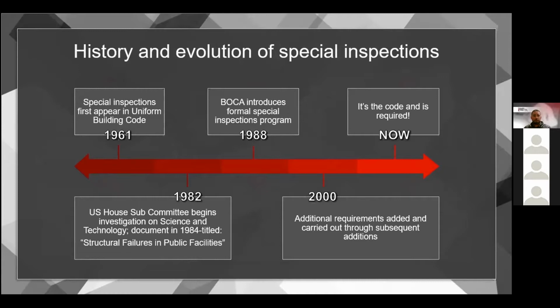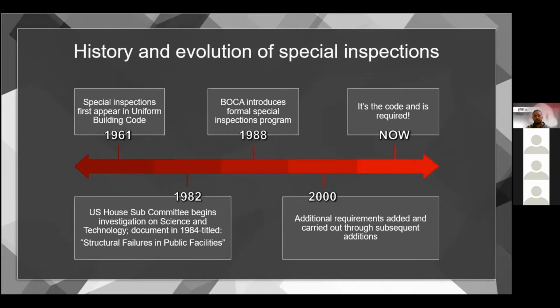Basically, special inspections first appeared in the Uniform Building Code in 1961, and then in 1982, the House Subcommittee began an investigation on science and technology. They documented a publication in 1984 titled "The Structural Failures in Public Facilities."